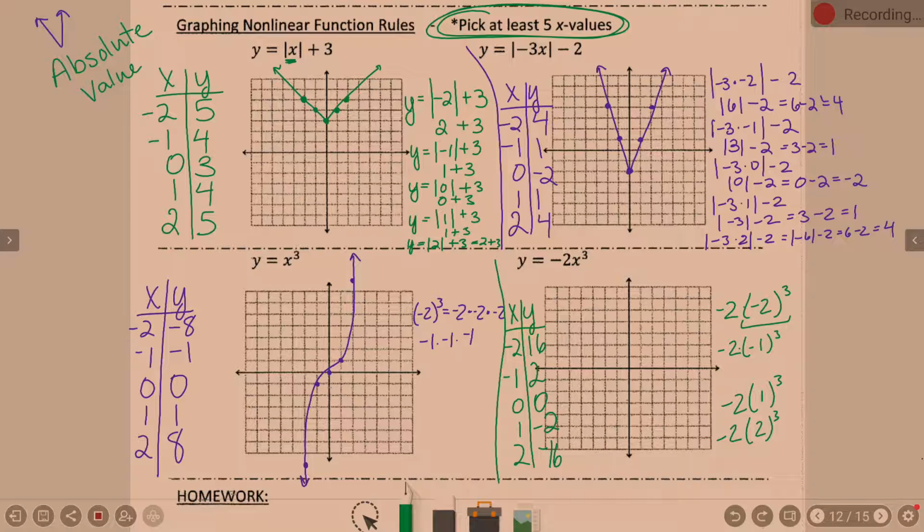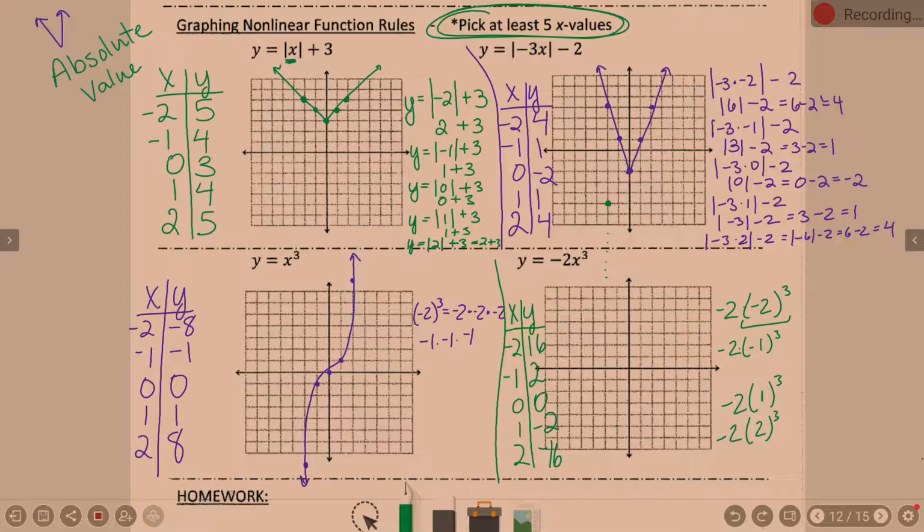We're just going to kind of go up off the graph a little bit, but negative 2, 16 takes me left 2 and up 16. It's approximately there. Negative 1, 2.